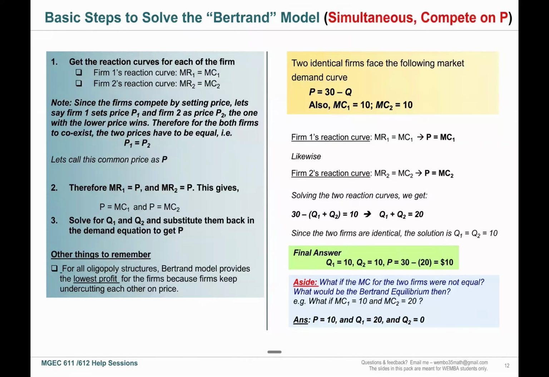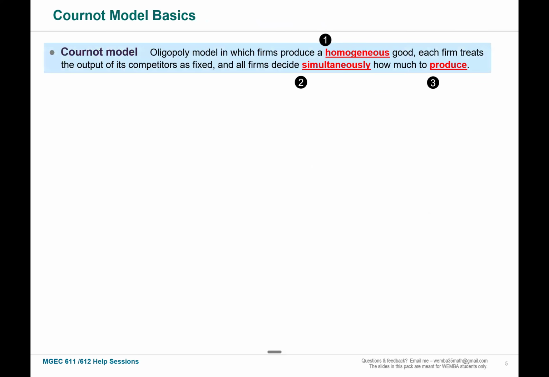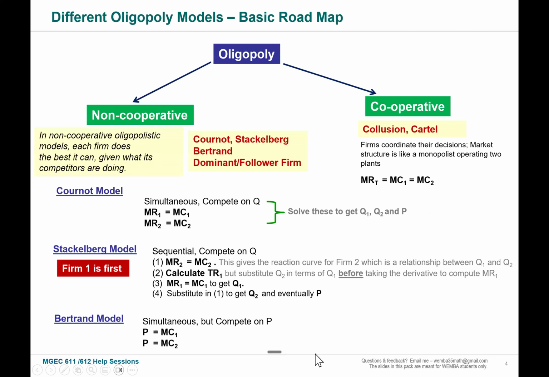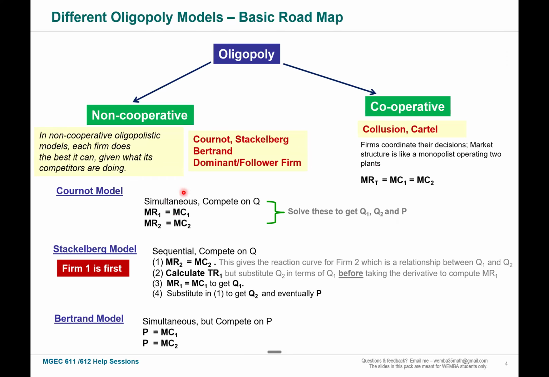Okay, so let's summarize what we have so far. What we have so far is Cournot, Bertrand, and Stackelberg, which is on the left-hand side of this slide. In the Cournot model, simultaneous decision-making, firms are competing on quantity.